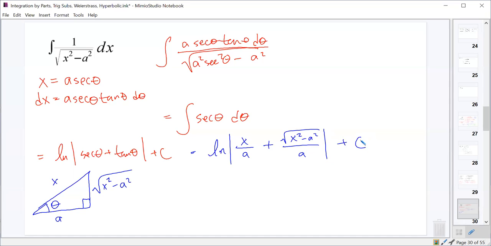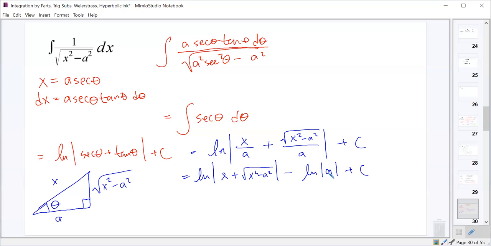By using log rules. Oh, wait, no, I said that. This becomes natural log absolute value of x plus root x squared minus a squared, minus what? The natural log of the absolute value of a, plus a constant. What's the natural log of a?